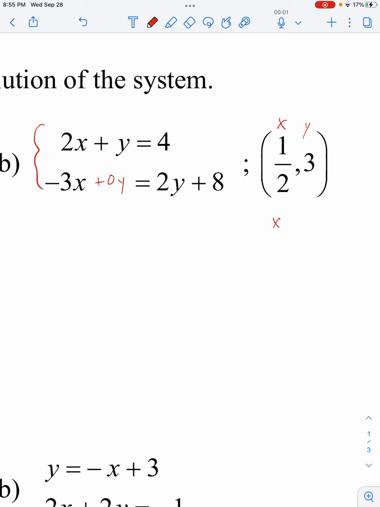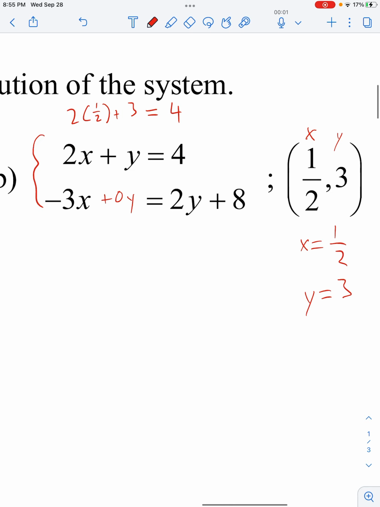So my x equals 1/2, my y equals positive 3. Okay, so we're going to get 2 times my x, which is 1/2, plus my y, which is 3, equals 4. Let's see if that holds true.